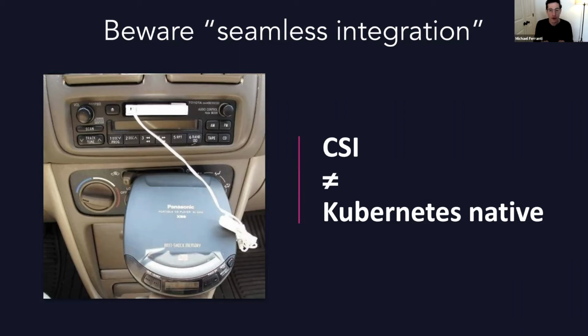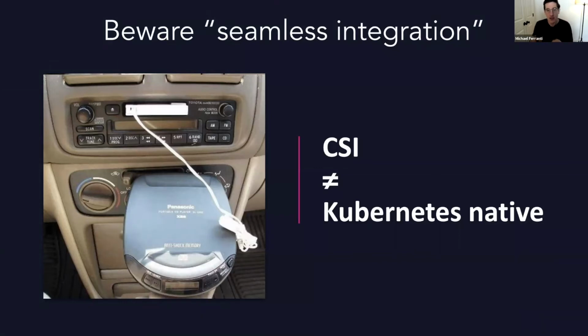What I want to point out, though, is that just because Kubernetes can speak to your storage does not mean the storage itself has any particular behavior. It doesn't mean that it's Kubernetes native. It doesn't mean that if I throw a highly dense set of volumes at it, many small volumes, and then I reschedule all of those volumes in a very short time frame as part of a migration, that the threading is going to keep up, that it doesn't have a single point of failure in terms of a controller bottleneck.